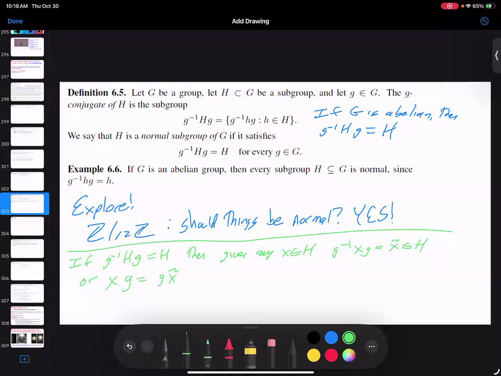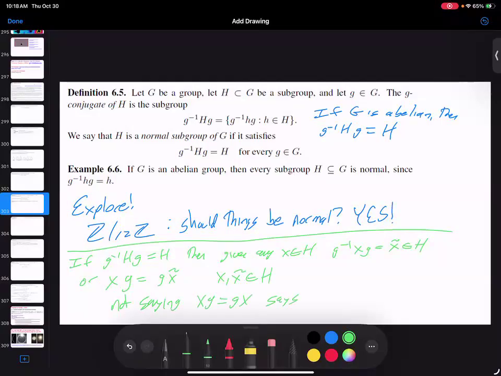So what this is saying is if I have some element g, and I multiply on the left by x, that's the same as multiplying g on the right by some other element x tilde, where x and x tilde live in H. So it's not saying xg equals gx.